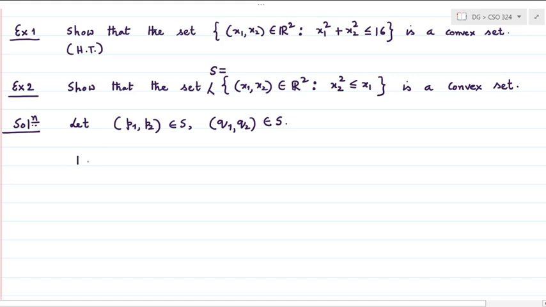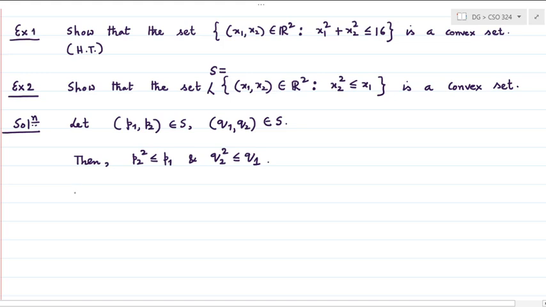Then you have p2 square less than or equal to p1, and also you have q2 square less than or equal to q1, right? What do you have to prove? The convex combination of p1, p2 and q1, q2 is belonging to S.